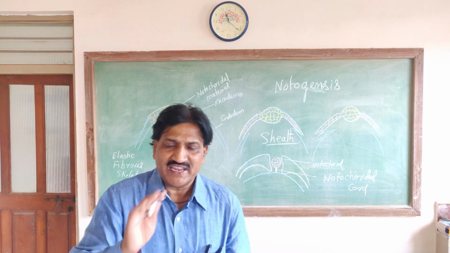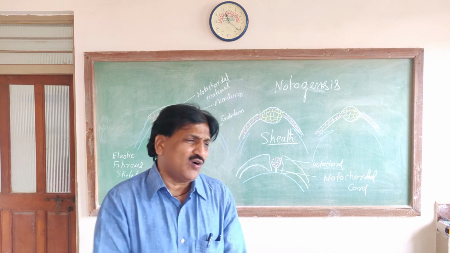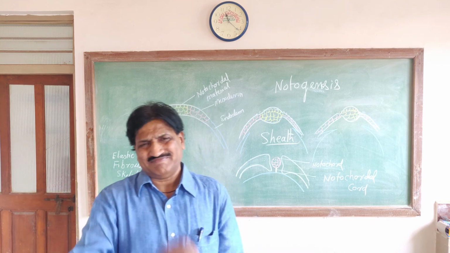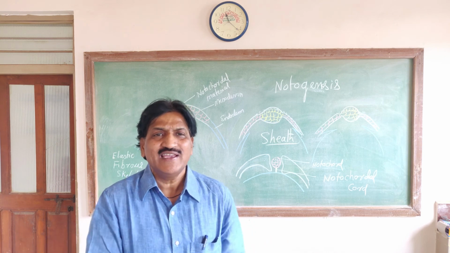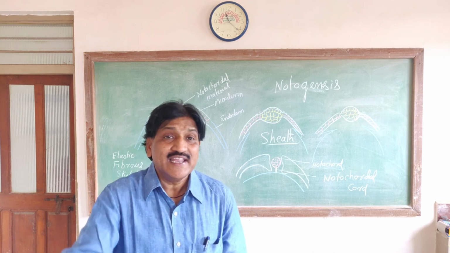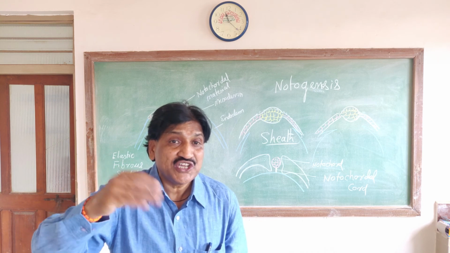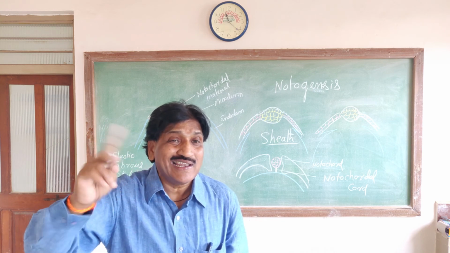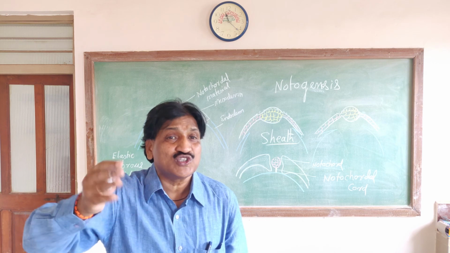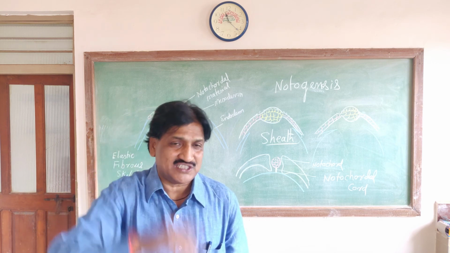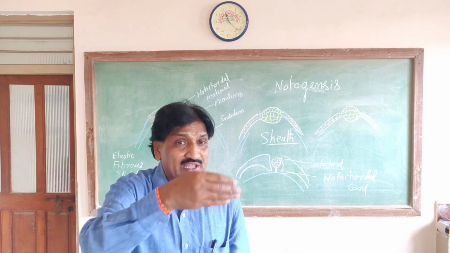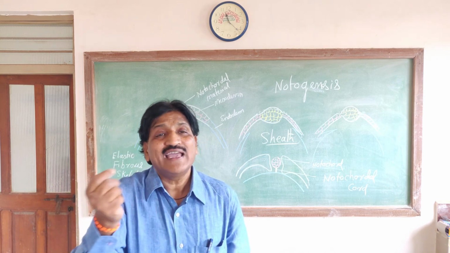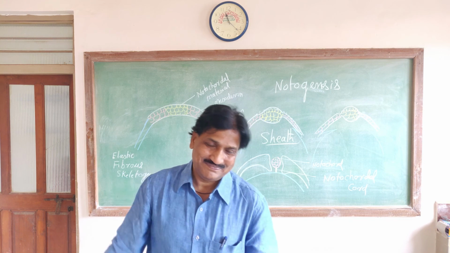The outer one is called the elastic sheath. It is derived from the outermost notochordal cells, which form a kind of elastic sheath.